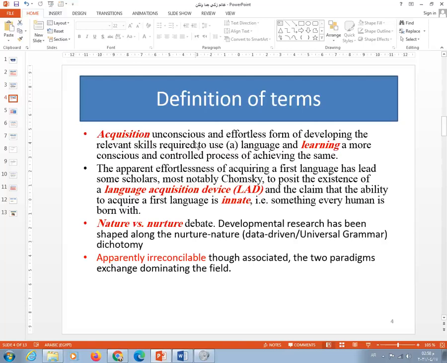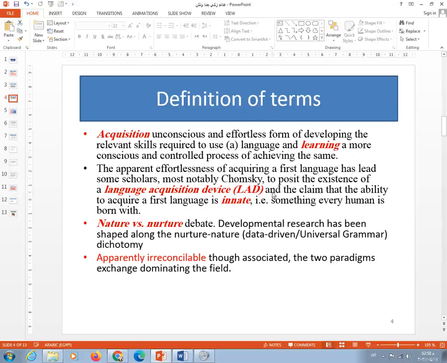So acquisition is effortless and unconscious learning of something. And the word learning, on the other hand, involves a conscious and controlled process of achieving the same target. So when we learn something, this means that there is some sort of effort in doing this. It's not done unconsciously.